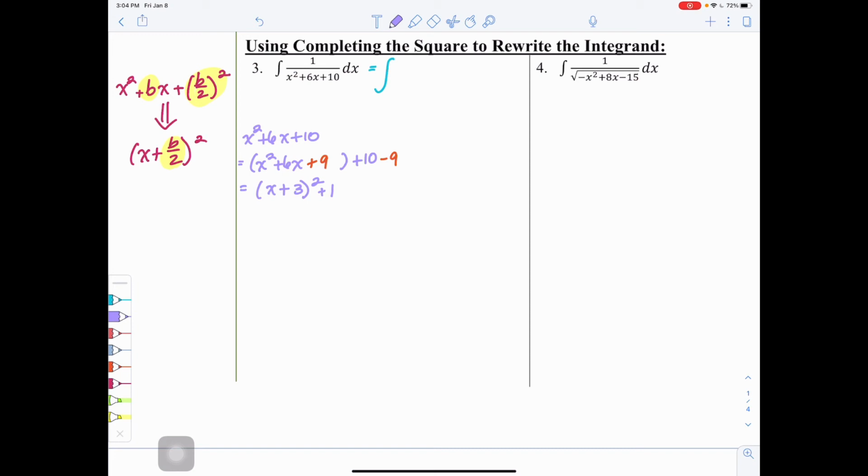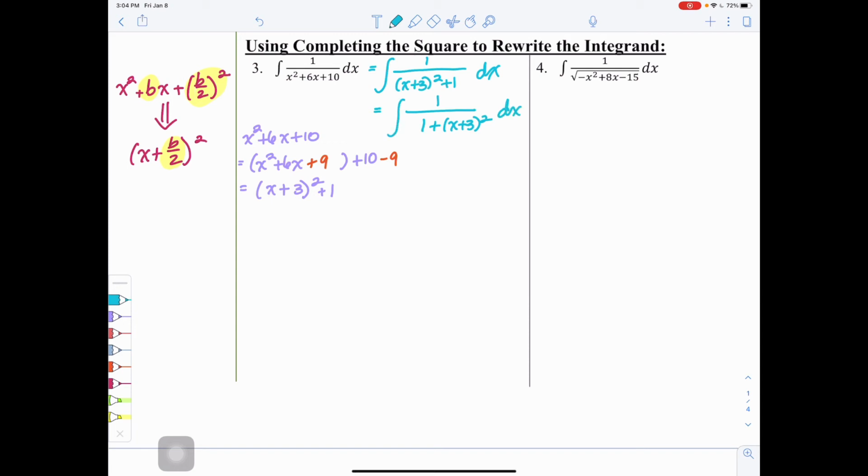So let's see what that looks like. Let's go back into our integral, and we have 1 over x plus 3 all squared plus 1 dx. Now let's write that as a little more familiar: 1 over 1 plus x squared dx.